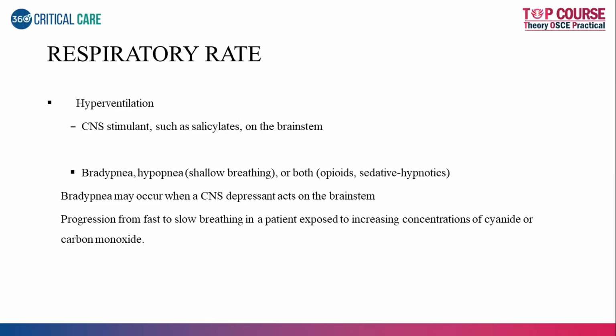In cyanide or carbon monoxide poisoning, the patient initially has fast respiration, and if you don't give the treatment, as the concentration of cyanide and carbon monoxide increases, bradypnea occurs and slowly respiratory arrest.